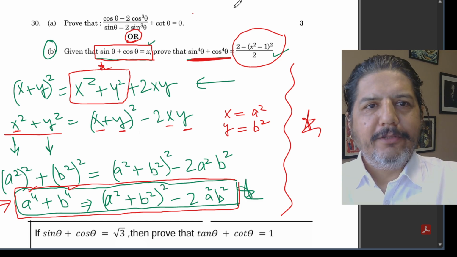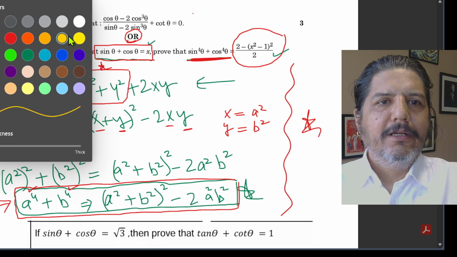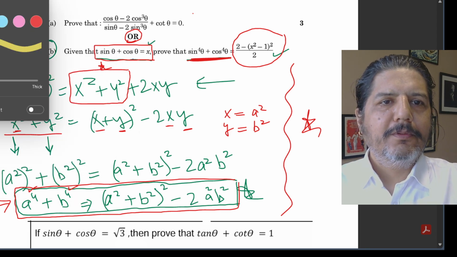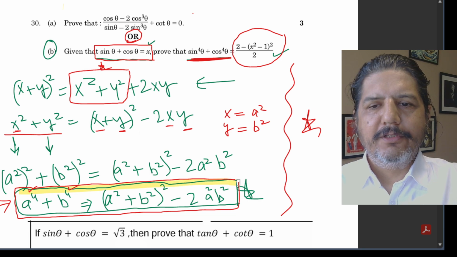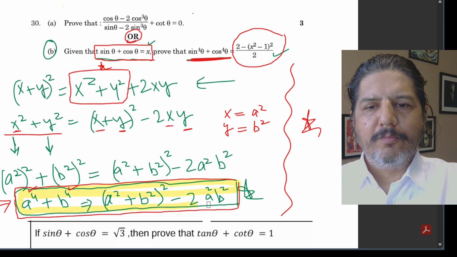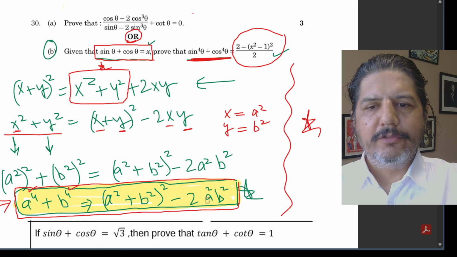So I'll just take you through the question again because we did a lot of stuff. I'll just spend some time to show you the solution again. The first thing that we did was we derived this result: a4 plus b4 is equal to (a square plus b square) whole square minus 2a square b square.